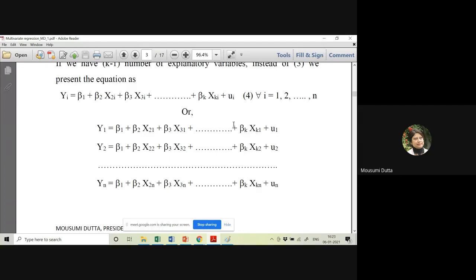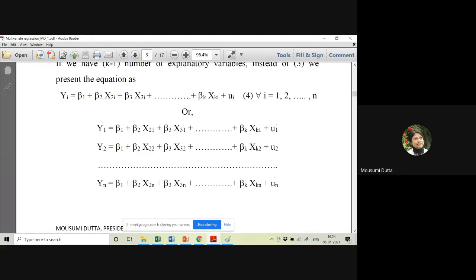And that will be multiplied with a beta vector. Because if you look at the coefficients of all the equations, the coefficient values remain the same. So there is a common beta vector which has been multiplied with the set of explanatory variables. Okay.